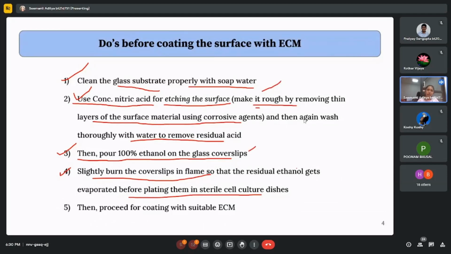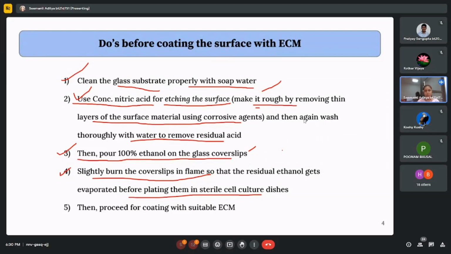We can put them in alcohol and parafilm it and then keep it for the next set of experiments. And only take out the cover slips in the hood itself. Once they are in 100% ethanol, we place them in the sterile cell culture hood, keep them under paraffin wrapping, and only take them out when we require them for the next set.